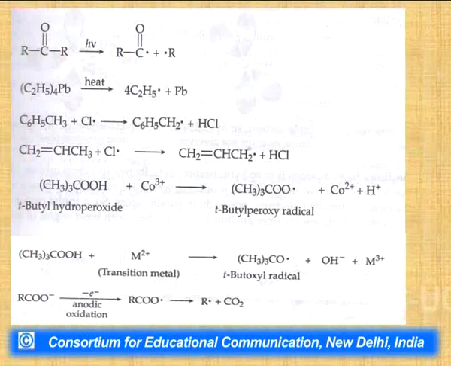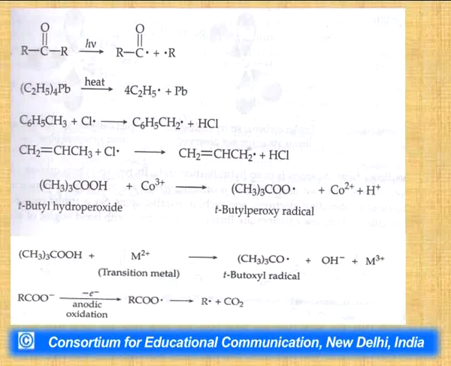RCOR photochemically gives acyl free radicals. Lead tetraethyl when heated gives ethyl free radicals. Toluene, when it reacts with a chlorine free radical, gives the benzyl free radical.